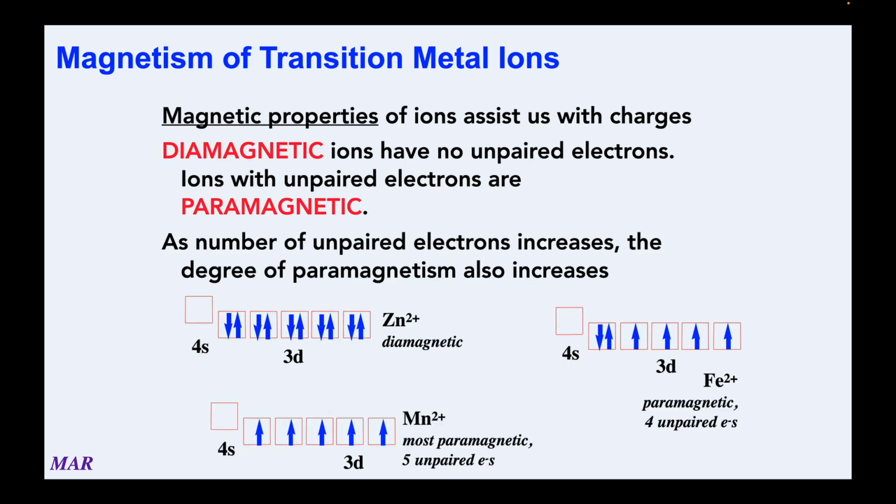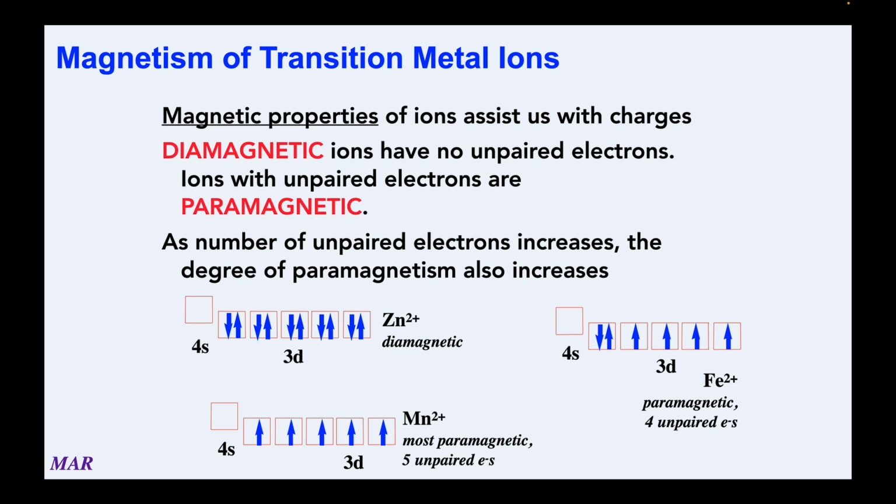Magnetism, super important, also important when it comes to transition metals. And again, you can totally figure this out. Some of them will be paramagnetic, some of them will be diamagnetic. Zinc 2 plus: zinc has 4s2, but you take away those 4s electrons first. Zinc 2 plus, every up has a down in the d orbitals, so it's going to be diamagnetic.